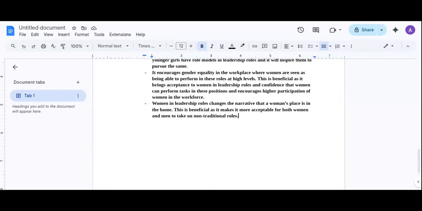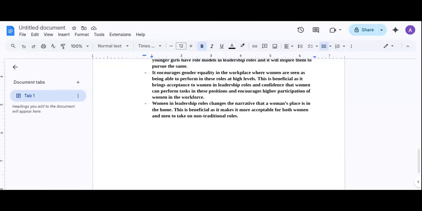I always suggest that you do it one after the next so that when you get one idea out, it is out there, as opposed to having to come back and try to remember where your train of thought was when you wrote this answer. Somebody said the second point could be increasing productivity by utilizing the full talent pool of the population.